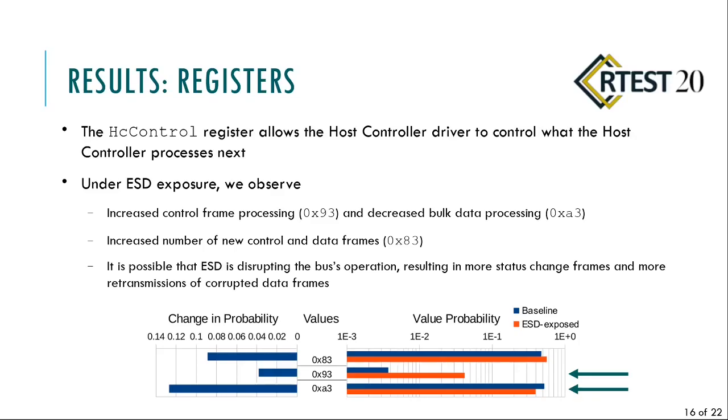We also observed an increased number of new control and data frames, so it's possible that the ESD is disrupting the bus's operation, resulting in more status change frames and more retransmission of corrupted data frames, which would appear to us as lower data throughput and proportionally more control frame throughput.